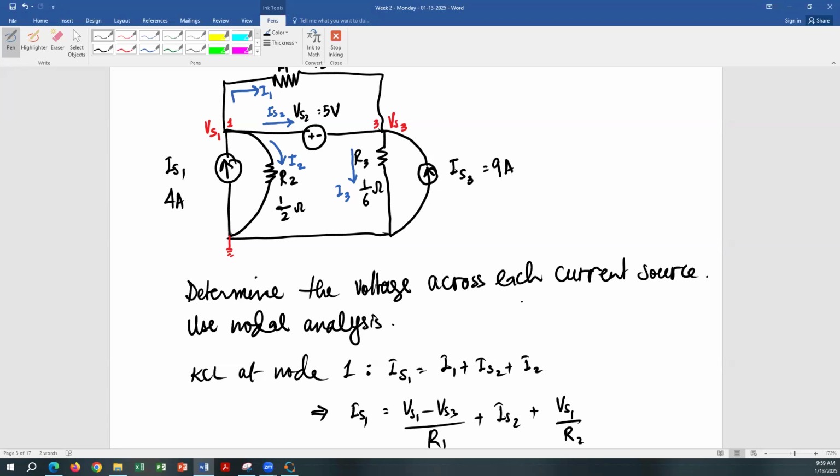Exactly right. So that's the third equation. Look at the polarity of VS2, of course. The potential difference that VS2 represents is from VS1 to VS3, positive. Sorry, VS1 minus VS3 is equal to VS2.